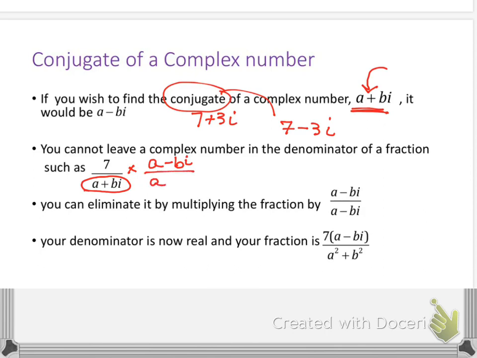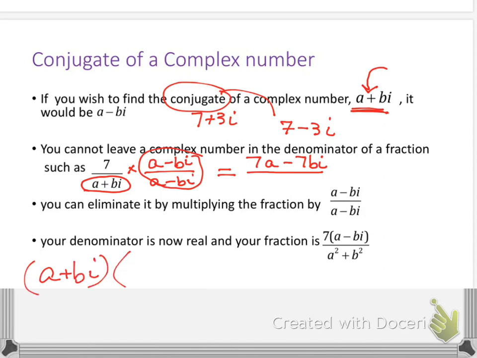over itself. The reason why you can do that is because this is just a fancy 1, and you can always multiply by 1. Nothing changes. It's an identity multiplication. So let's do that multiplication. 7a minus 7bi, since I have no numbers. Okay, look what happens in the bottom. If you have a plus bi times a minus bi, you get a squared. So I'm going to FOIL it.